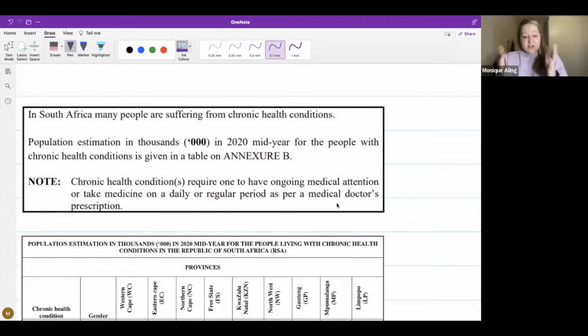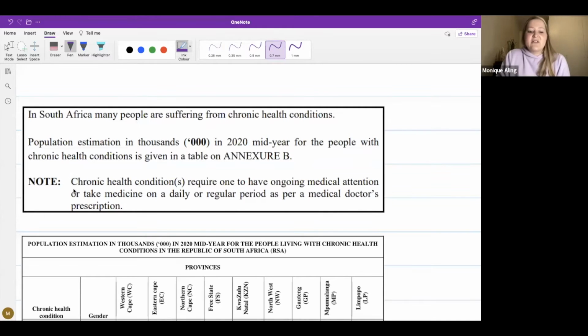All right, so with data handling questions, like I said, lots of information is thrown at you. So it's always important that you know what is important and what is not. The first thing it says: in South Africa, many people are suffering from chronic health conditions. Population estimation in thousands in 2020 mid-year for the people with chronic health conditions is given in a table on Annexure B. So the table below is going to show us how many people have different types of chronic conditions.